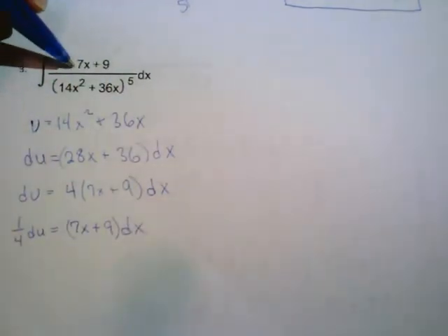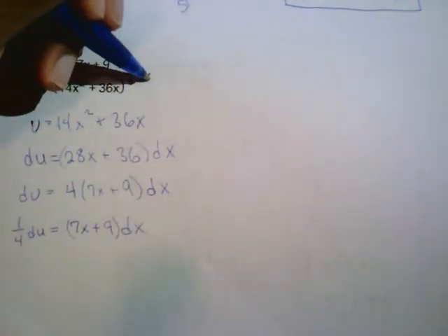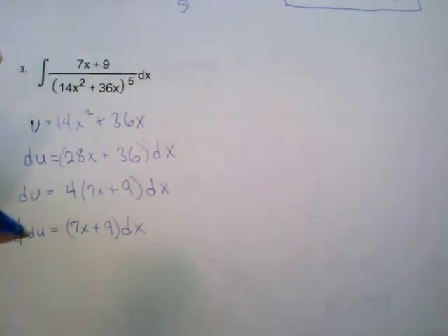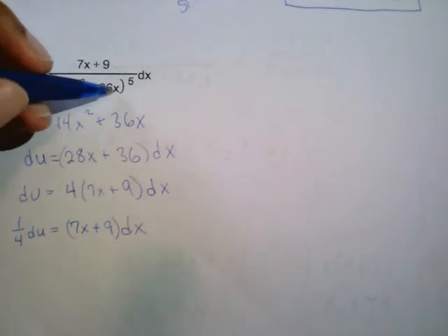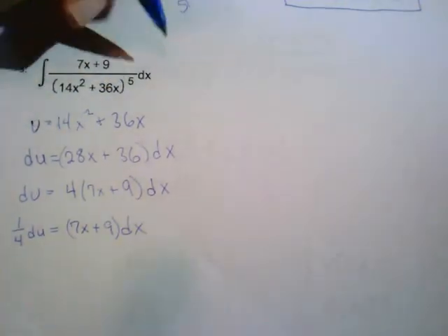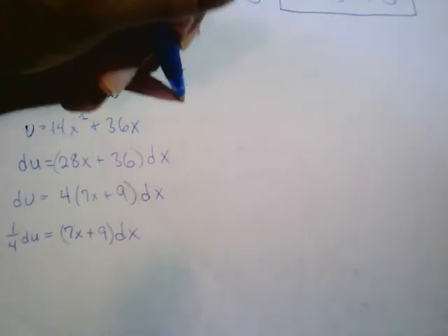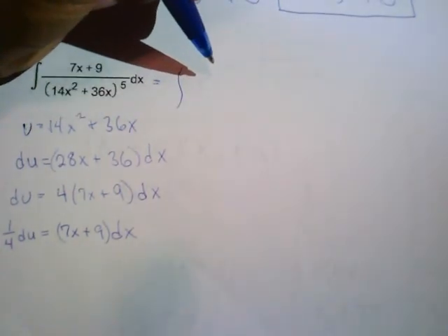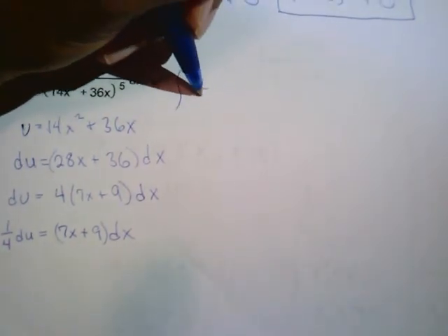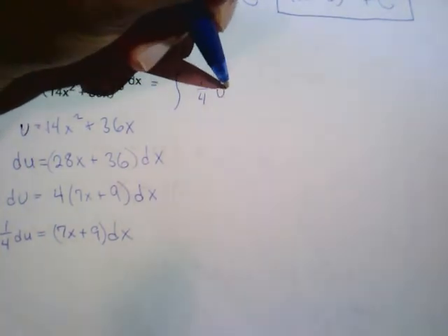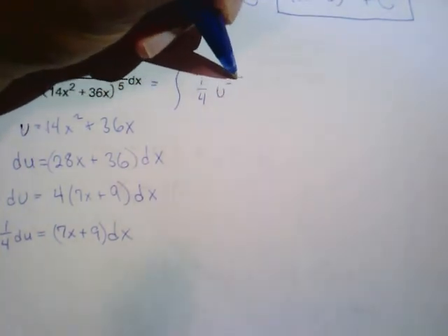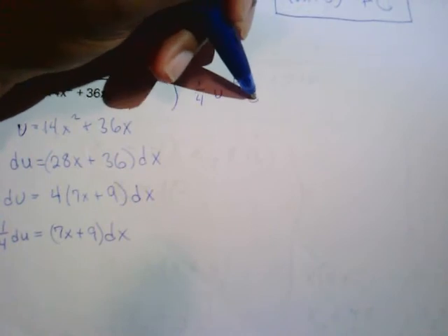So we'll take out the 7x plus 9, we'll take out dx, and we'll put 1/4 du in its place, and then this will just become u to the negative 5th power. So this equals 1/4 u to the negative 5 du.